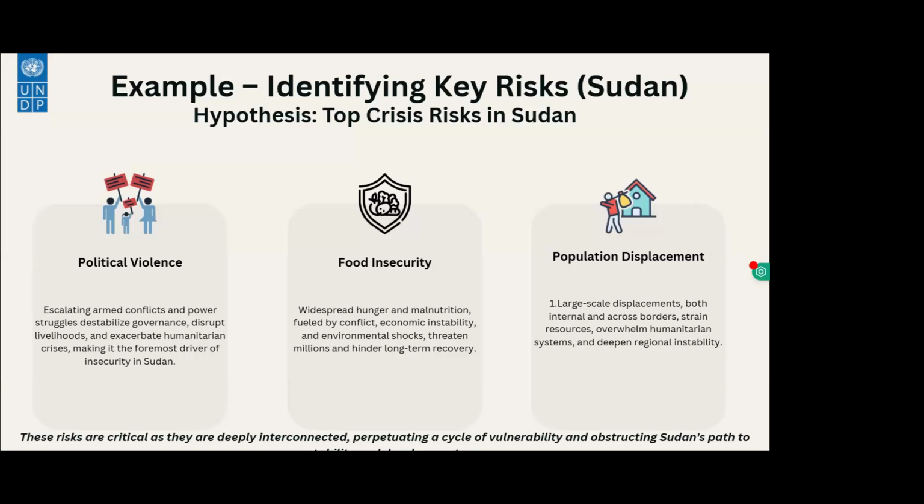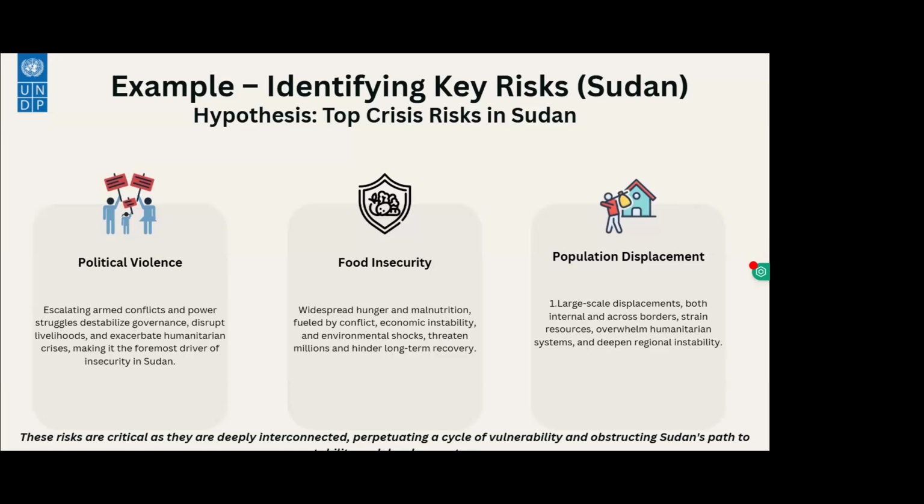Why do we do this? Because it guides what data we will need. If these are our top three risk drivers, we then ask, how do we measure each of these? What data can serve as an indicator or even a proxy for each risk? So for political violence, as I mentioned, we could use ACLED. Thinking out loud, for food insecurity, FAO or WFP or IPC.